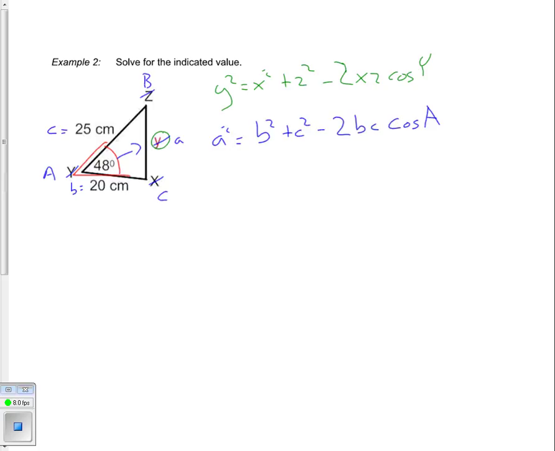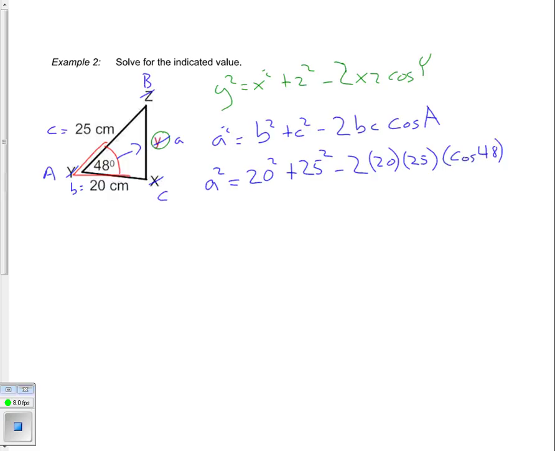In this case, we're trying to figure out the unknown side length A. So let's substitute in the values that we do have. We've got A squared is equal to B squared, and B squared is 20 squared, plus C. We know that C is 25, squared. So 20 squared plus 25 squared minus 2 times 20 times 25 times cos of angle A, and angle A is 48 degrees.